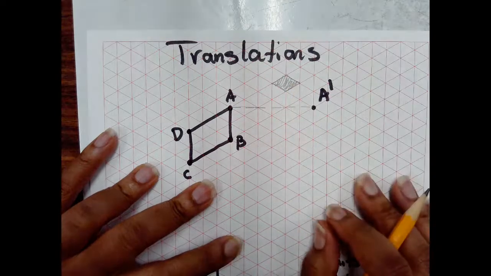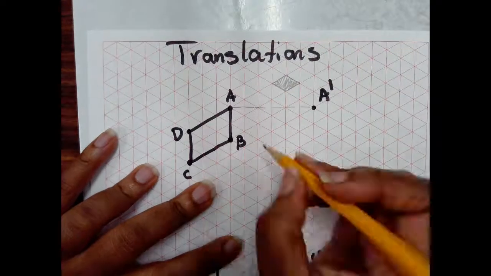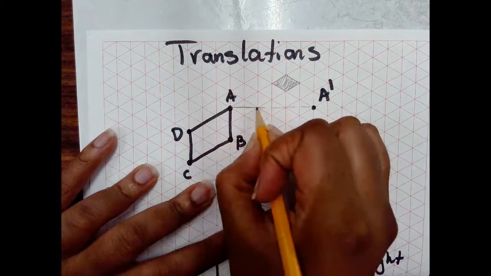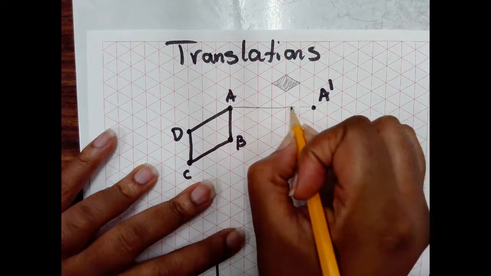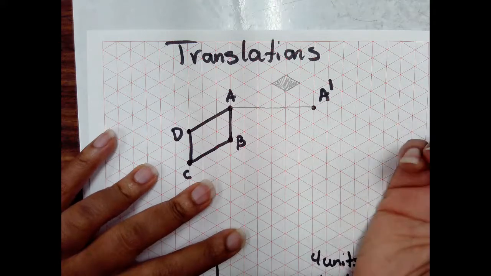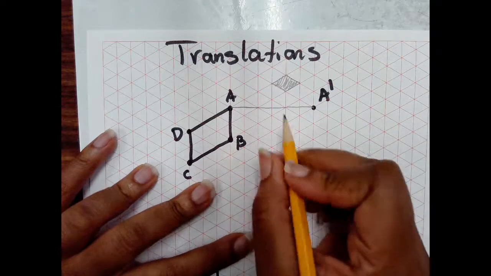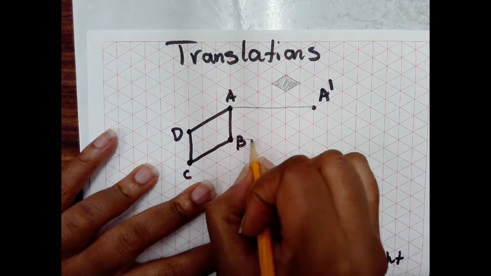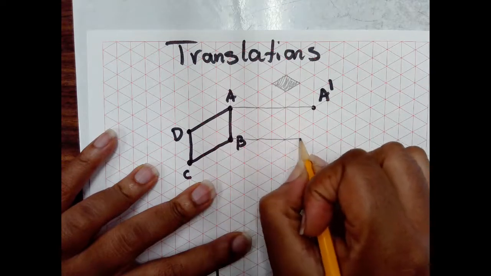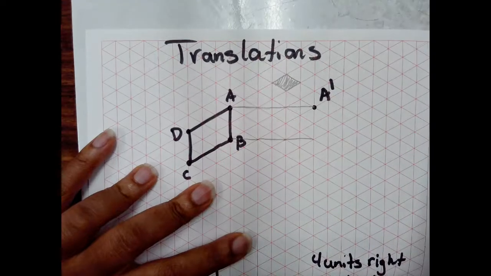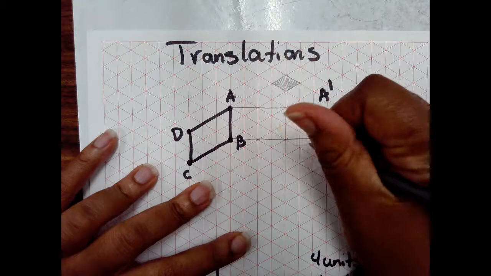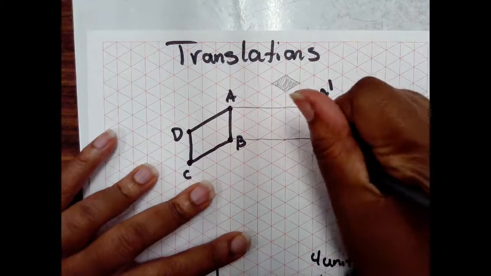It's still a square, but it's a little bit slanted. So that's what I was saying earlier: 1 diagonal of the square, 2 diagonals, 3 diagonals. I'm going to do that with all the rest of them. B is 1 diagonal, 2 diagonals, and now 3. And that's B prime.